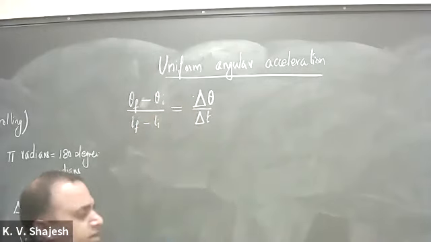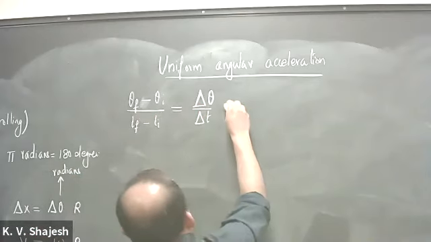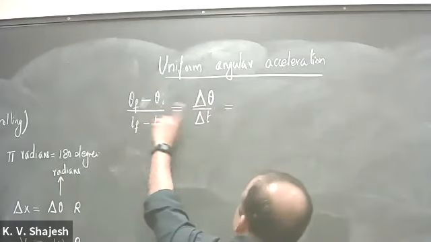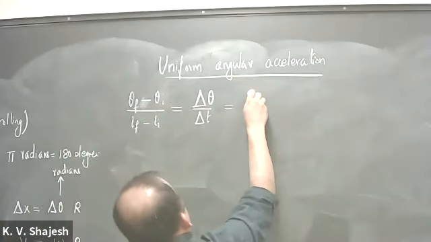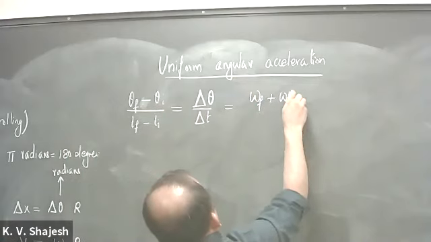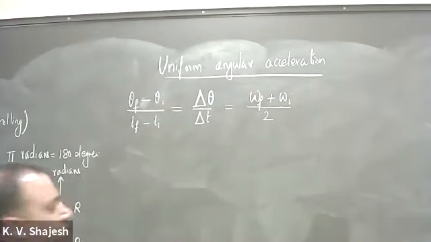This need not be d theta over dt. In general, the left-hand side is always true, but the right-hand side is not always true. Even if it is not moving with uniform acceleration, this is always correct. But the right-hand side, that this is equal to omega final plus omega initial over 2, that's not correct.